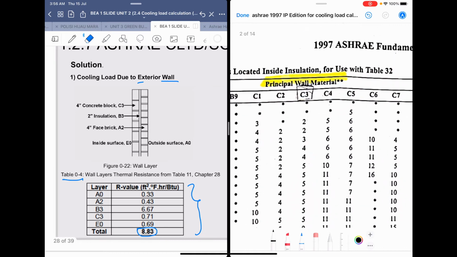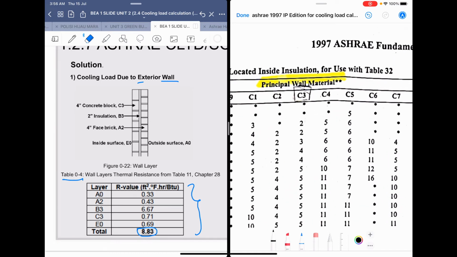First, we must see what the principal wall material is. The principal wall is the wall located inside of the building. In this case, it is a C3 concrete block. So we highlight the C3.